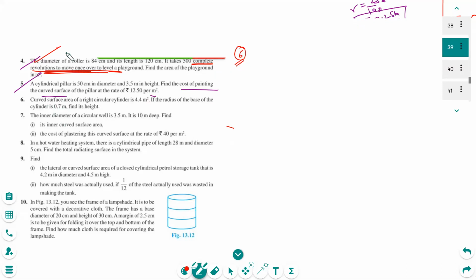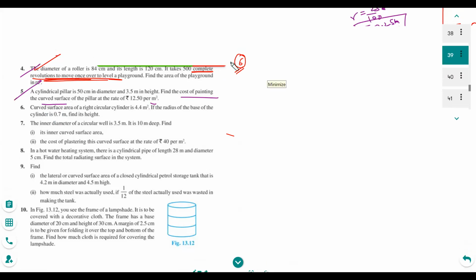Before moving on with the class, what is the total surface area of a cuboid? Listen carefully to what I'm trying to ask you. The total surface area of a cuboid.